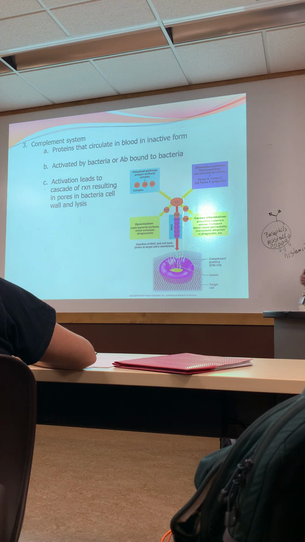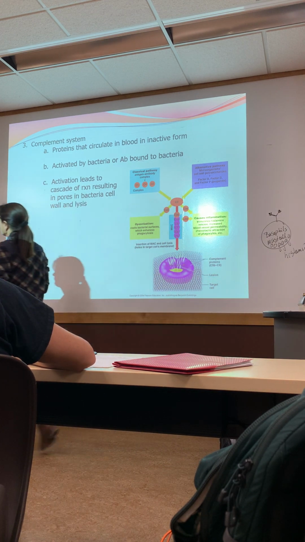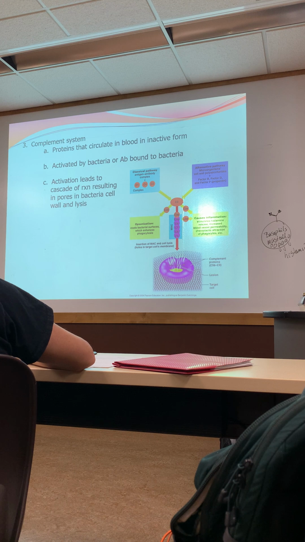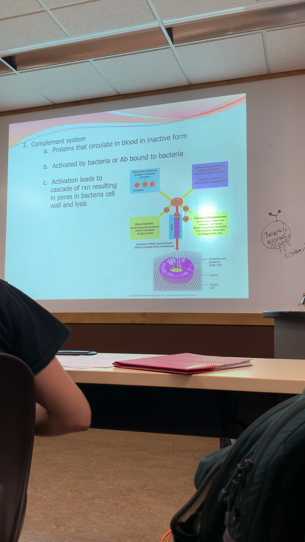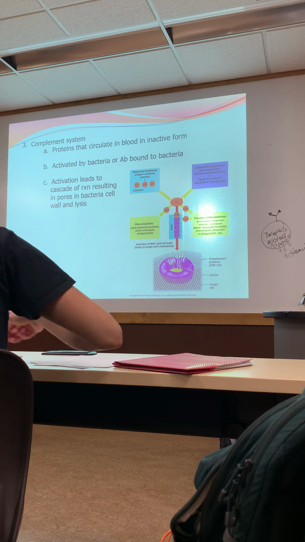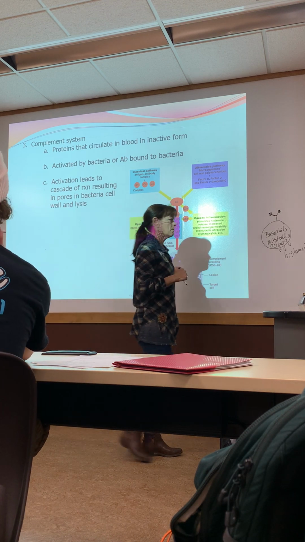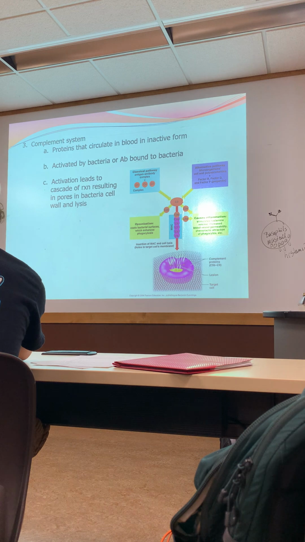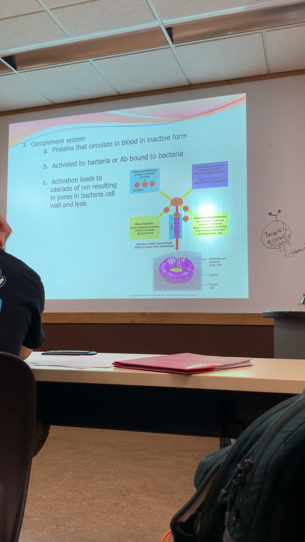The second aspect of the second line of defense is something called complement. So we've got the inflammatory response as number one, and then we've got complement. The complement system is a series of 9 proteins that float around in the bloodstream, and they're activated either directly by bacteria or by bacteria that already have antibodies stuck to them.